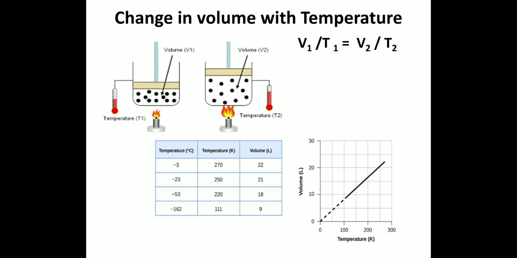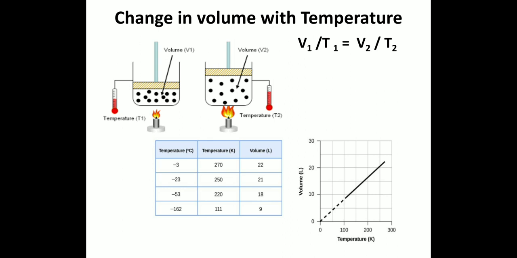Similarly, the following apparatus is used for the verification of Charles' law. In this apparatus, the cylinder has a piston and contains a constant amount of gas. The walls of the cylinder are heat insulators while the base of the cylinder is a heat conductor. When the cylinder is heated at constant pressure, the piston moves upward and the volume increases.